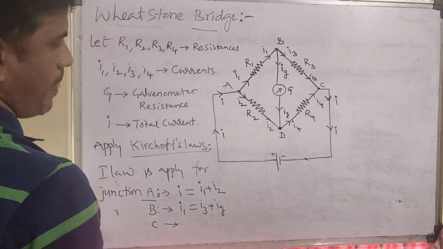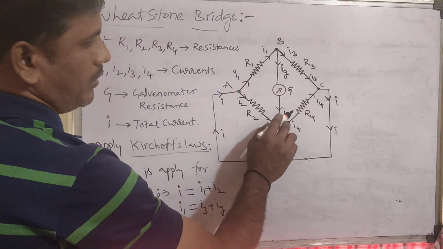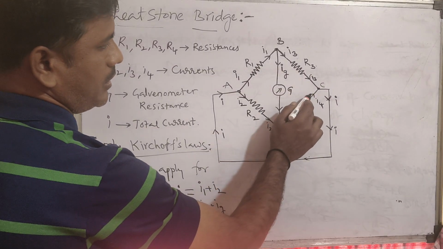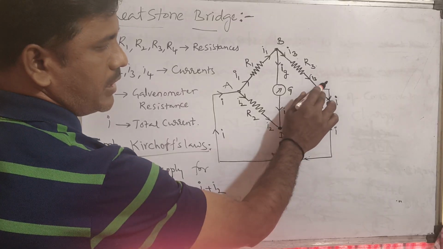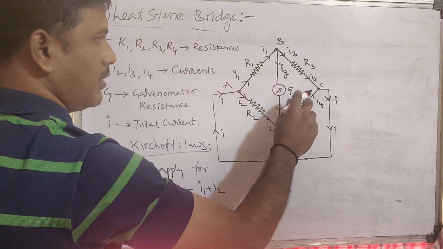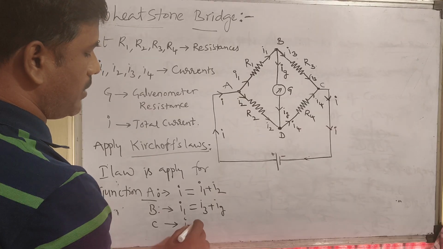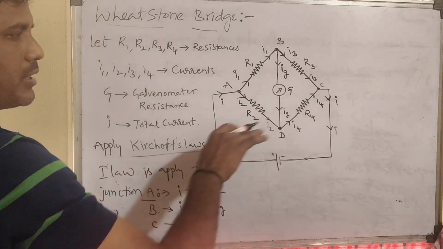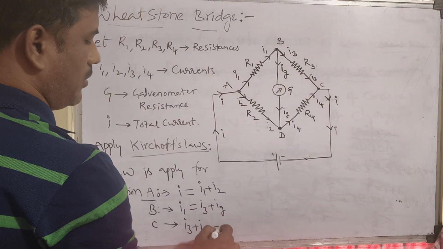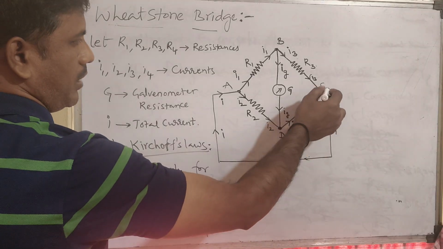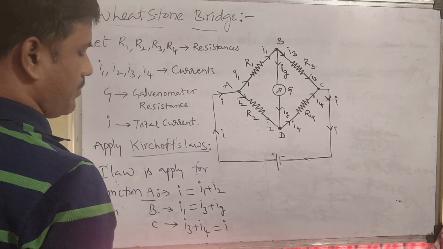This arrow mark is towards the junction, current I1. The two arrow marks away from the junction are leaving. So I1 equals I3 plus Ig. Understood? Next, at junction C. Observe here, the arrow marks towards the junction: I3 plus I4 are entering, equal to the leaving current I.